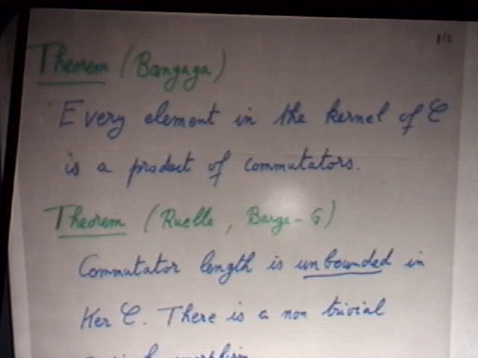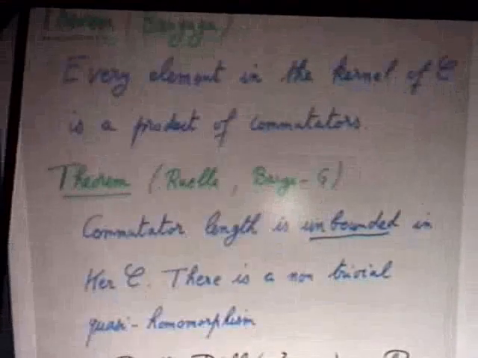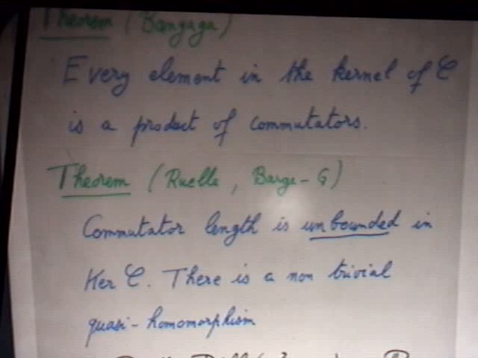Okay, so what I want to tell you today is that commutator length is not bounded in this case. So here's the theorem. This is a theorem that I might attribute to Ruelle, even though he was not thinking this way, and that I got with Barge a few years ago.